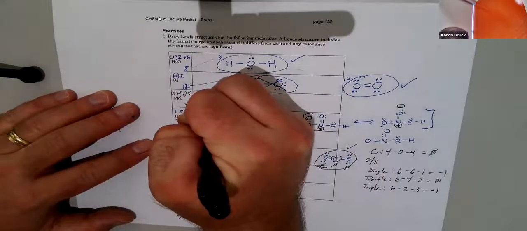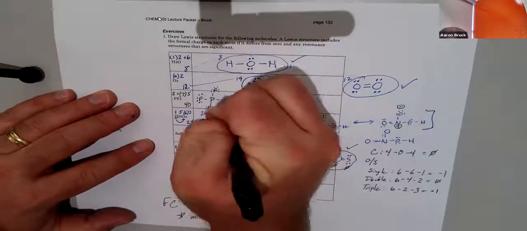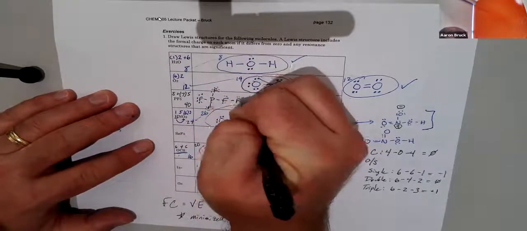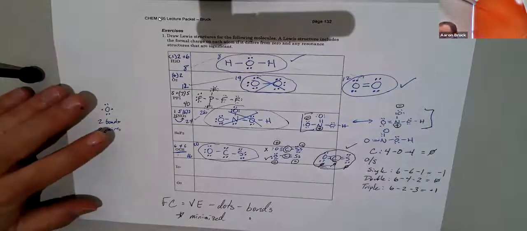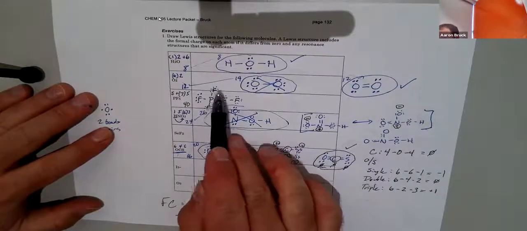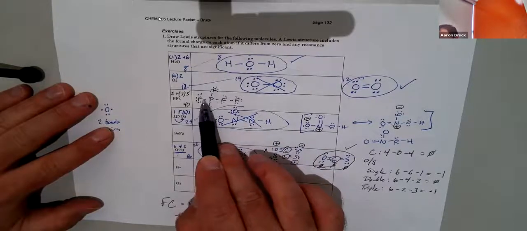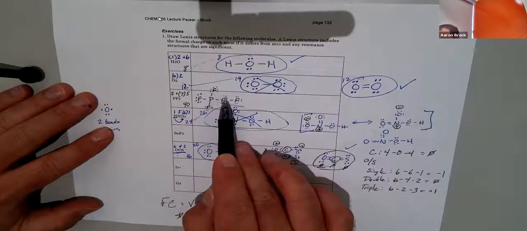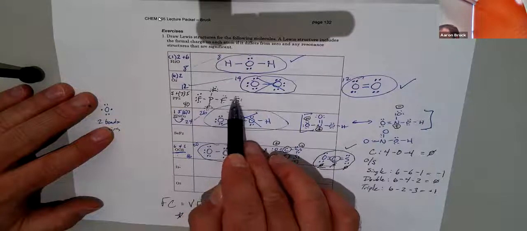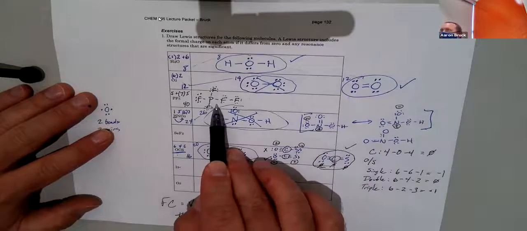If I fill out all of the dots, I run into another problem. Number of electrons: 2, 4, 6, 8, 10, 12, 14, 16, 18, 20, 22, 24, 26, 28, 30, 32, 34, 36, 38. There are only 38 electrons in this structure.